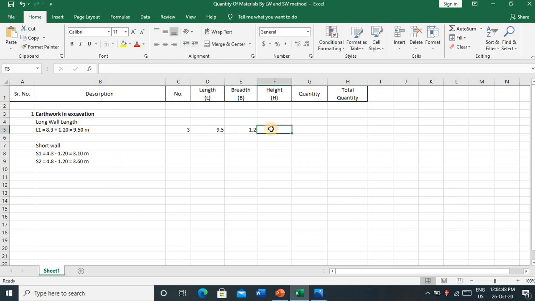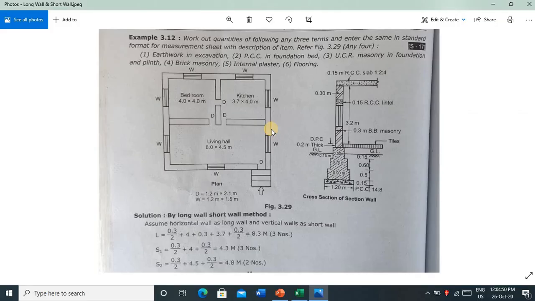Now height, what will be the height? Height means depth. So the depth of excavation will be, see, you need to excavate from this ground level. Okay, so you need to calculate this entire length for excavation. So the depth will be from ground level up to this level.